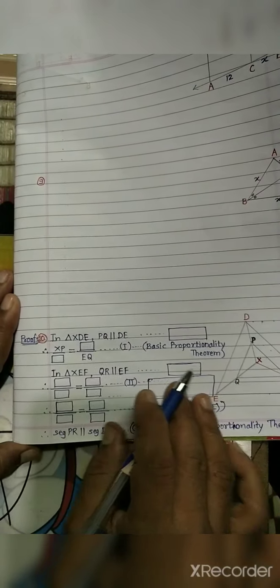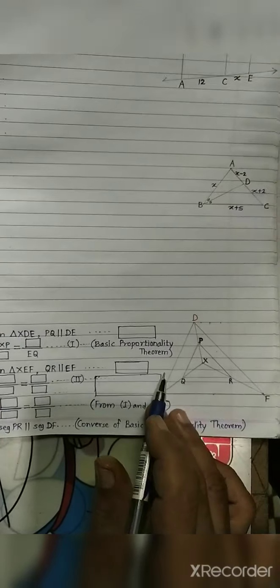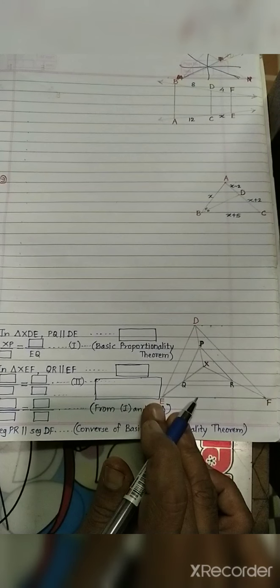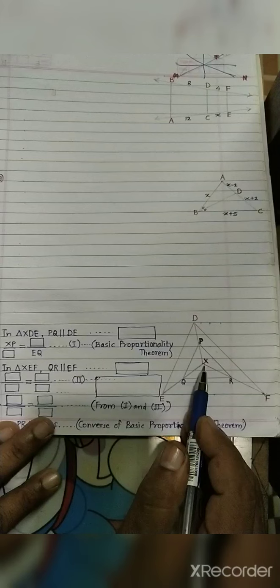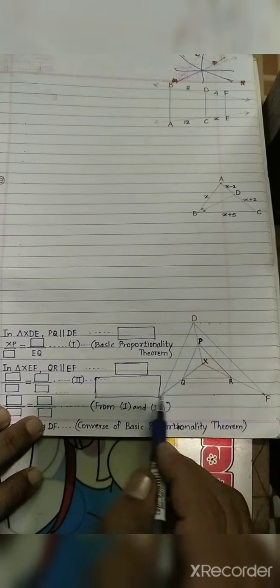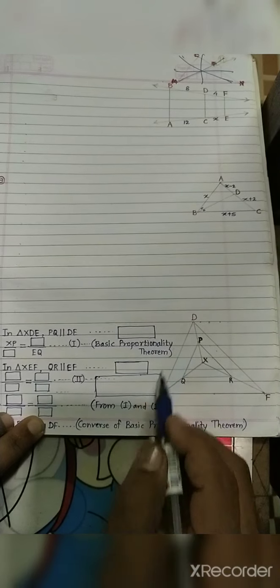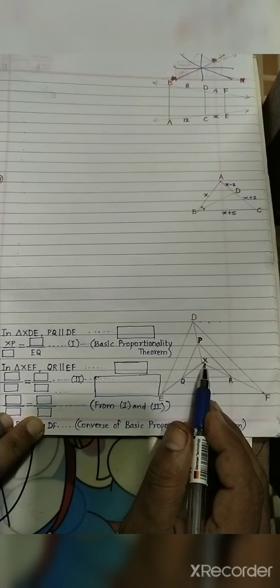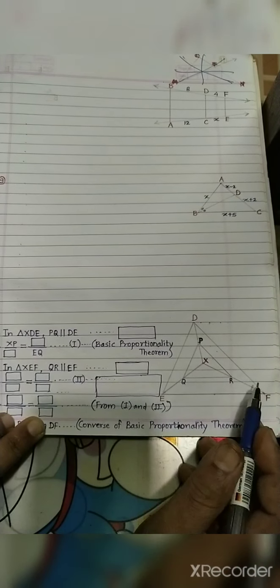example number 10. Okay. Here let us see in this figure, what is given to us in this figure? X is any point in the interior of triangle DEF.